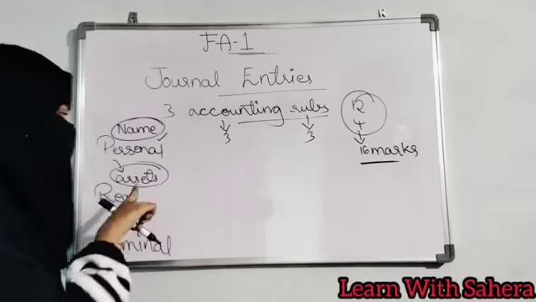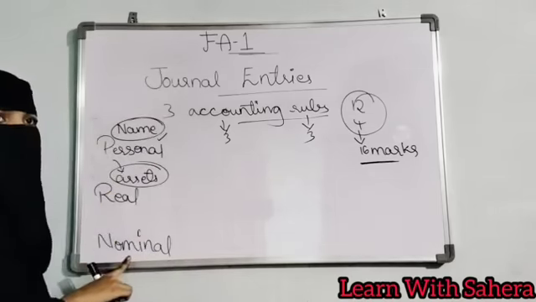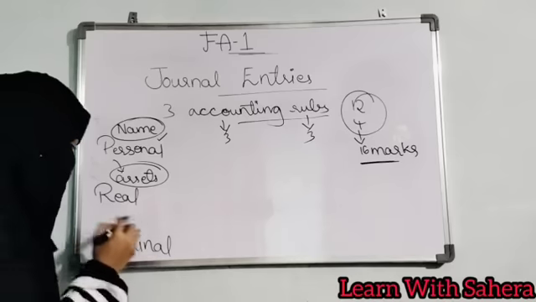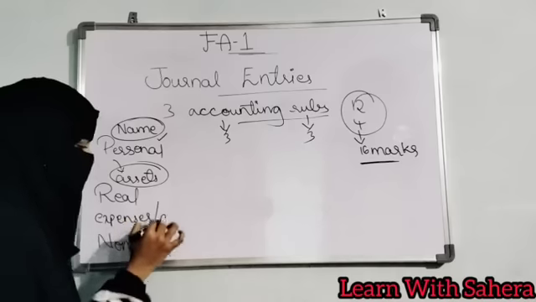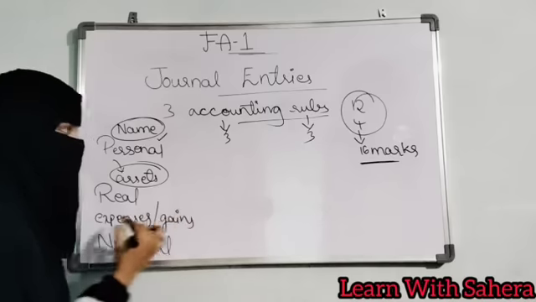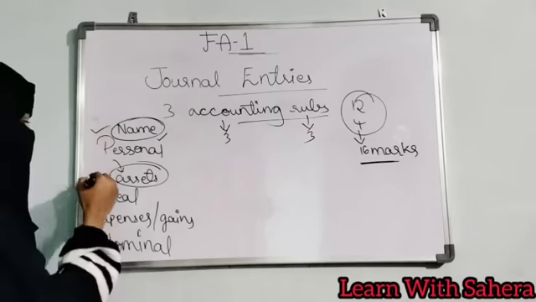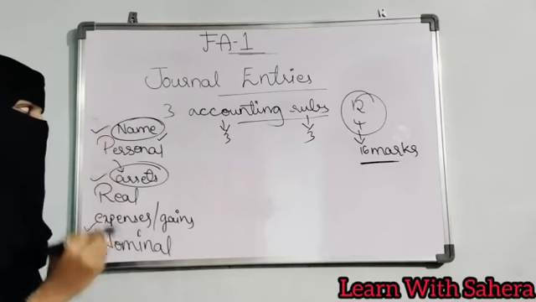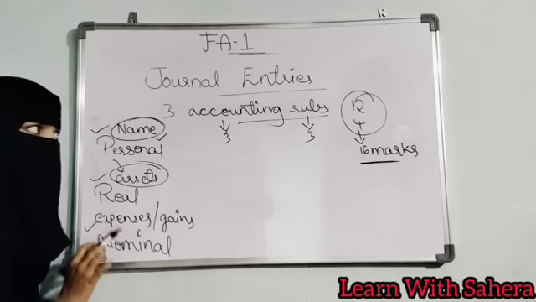Then all the assets will come under the real account. Then we will go with the nominal account, children. Nominal account means nothing but expenses or gains. So these are the 3 accounts, children: personal, real, nominal. I hope you got to know what personal accounts, real accounts and nominal accounts are.